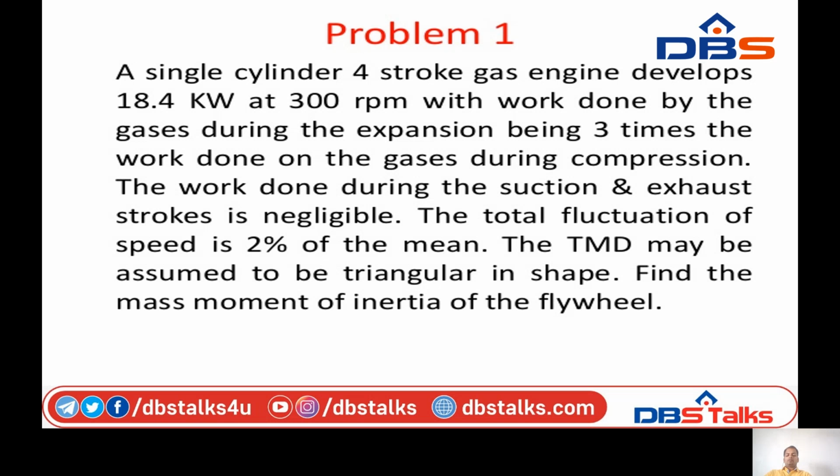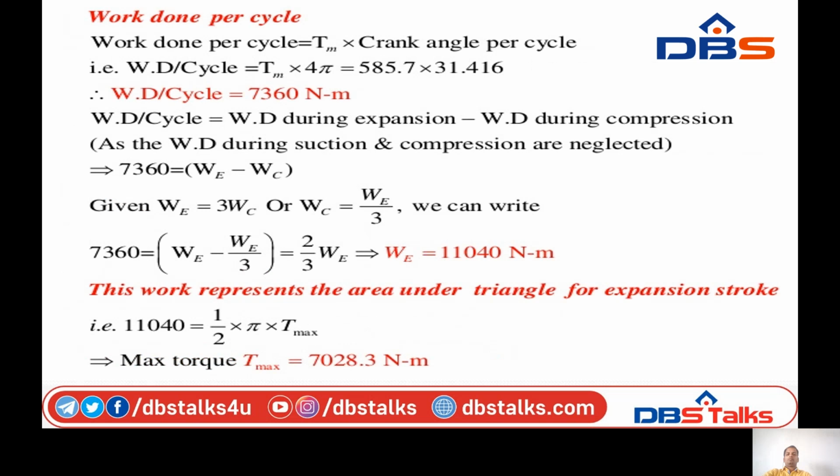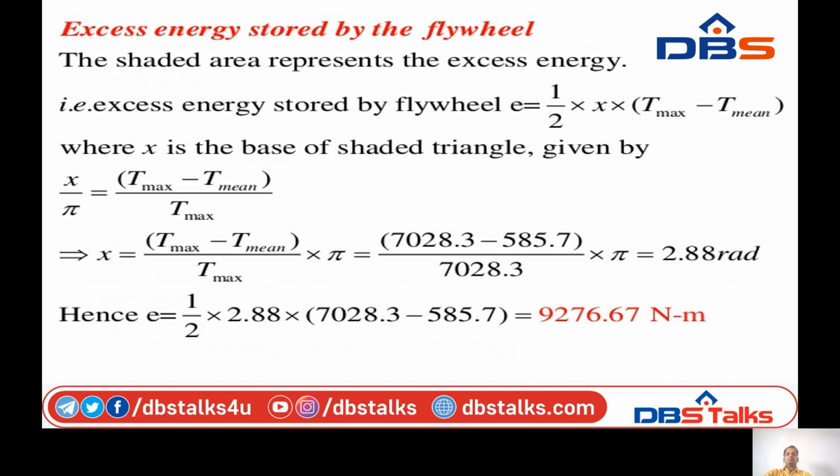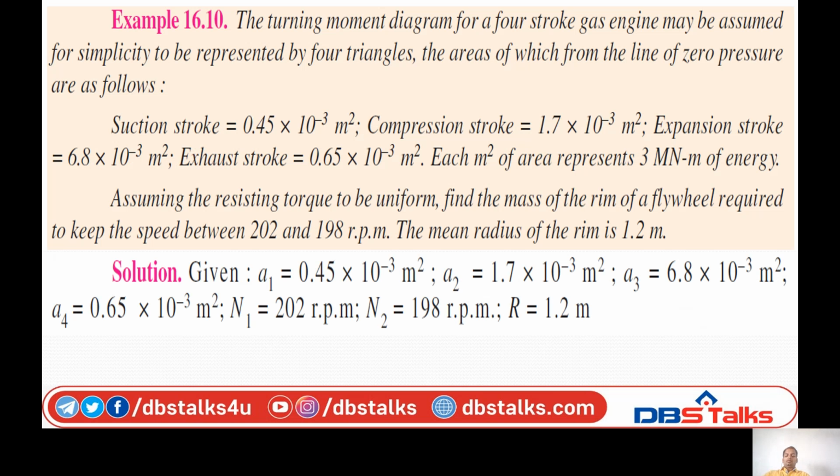Then one more problem. The turning moment diagram for a four-stroke engine may be assumed for simplicity to be represented by four triangles, the areas of which from the line of zero pressure are as follows.